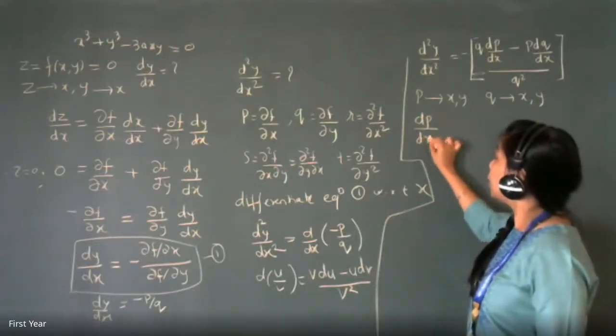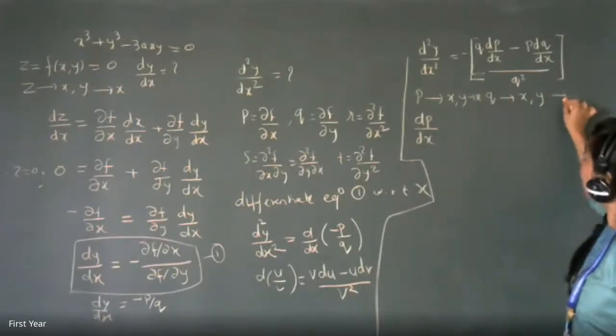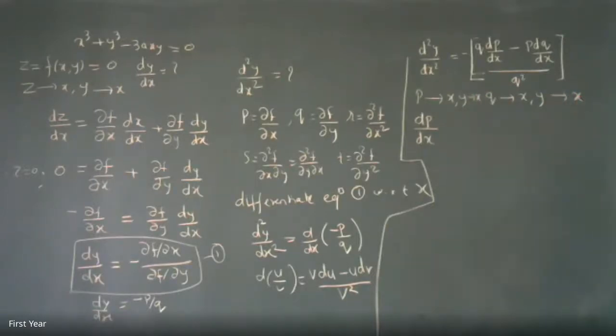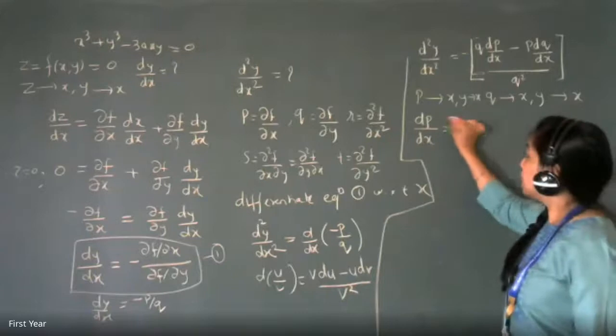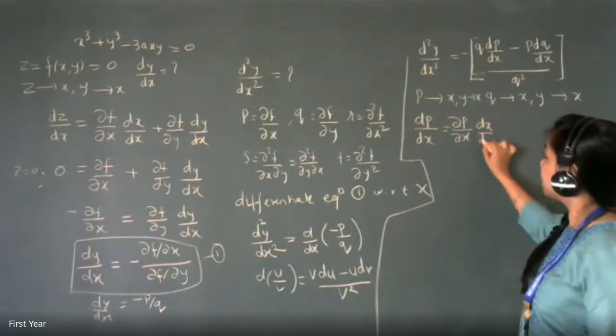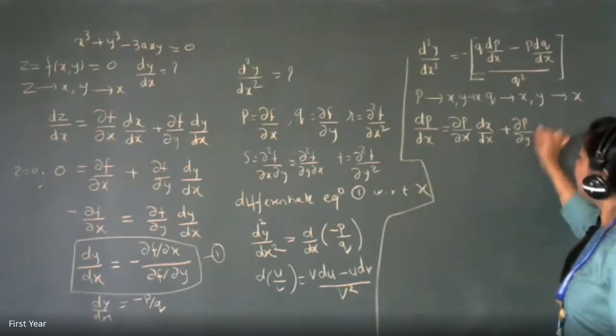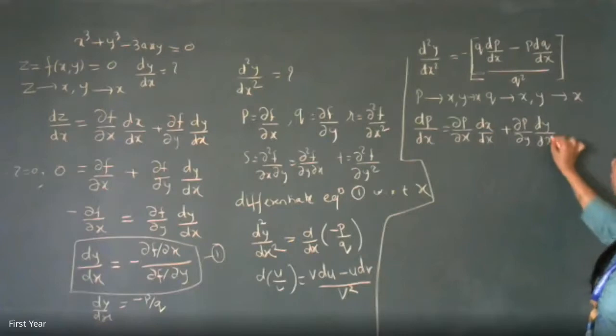This is your total derivative. If I am saying dp by dx, that means this is again depending on x and this is also depending on x. So I have to make use of total derivative once again. Yes or no? So what will be that? Partial derivative of p with respect to x into dx by dx plus partial derivative of p with respect to y into dy by dx. Is this okay?